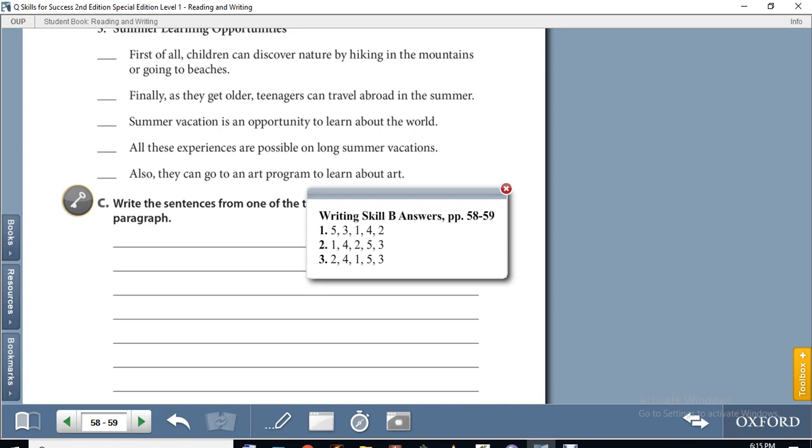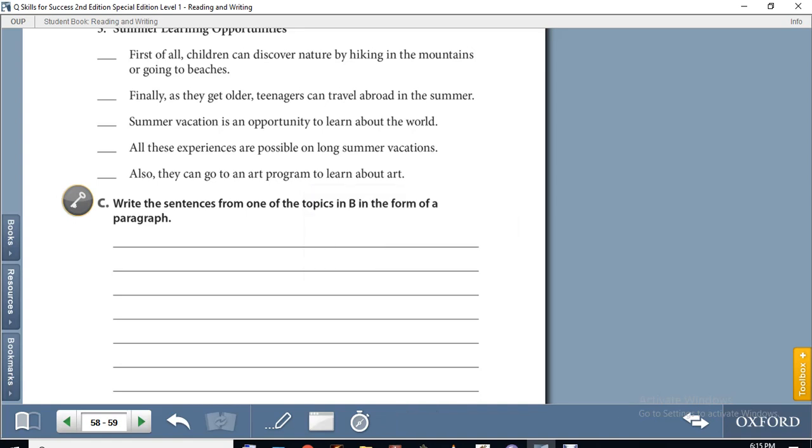Number 3: "Also, they can go to an art program to learn about arts." Number 4, here: "Finally, as they get older, teenagers can travel abroad in the summer." And the concluding sentence, number 5: "All these experiences are possible on long summer vacations."